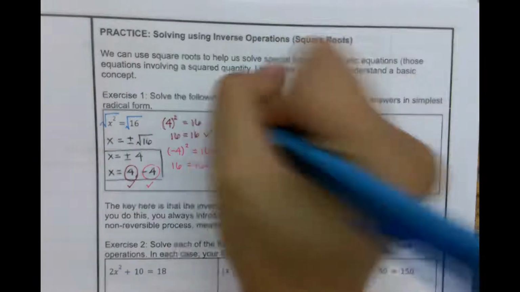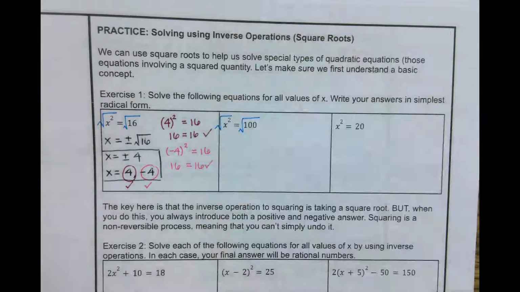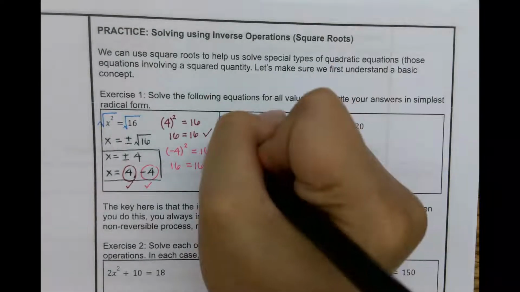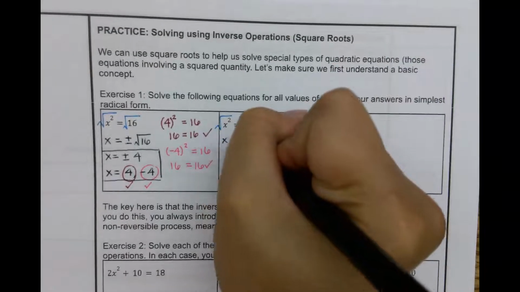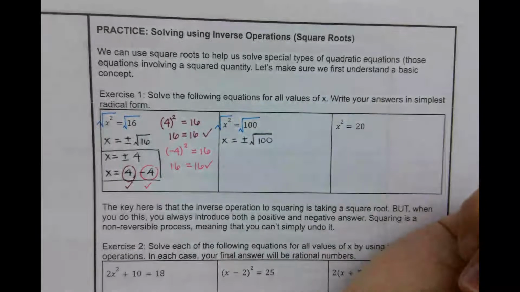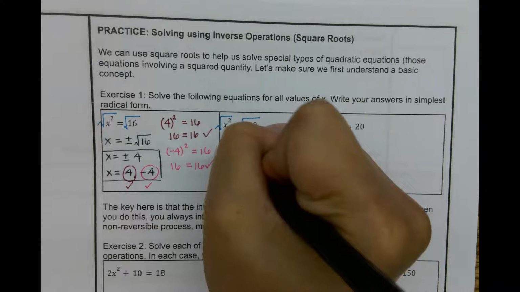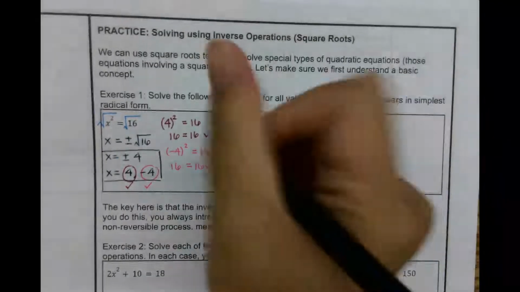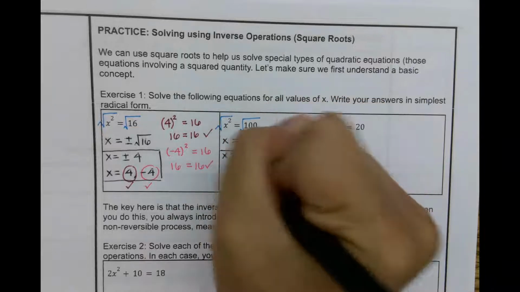What I do to one side, I need to do to the other. Square root and square undo each other, leaving me with x equals plus or minus square root of 100. The square root of 100 we know is 10, and so my answer is both positive 10 and negative 10.